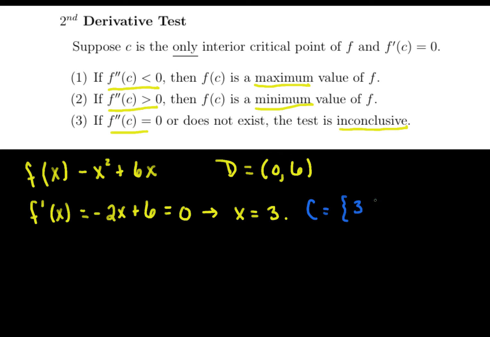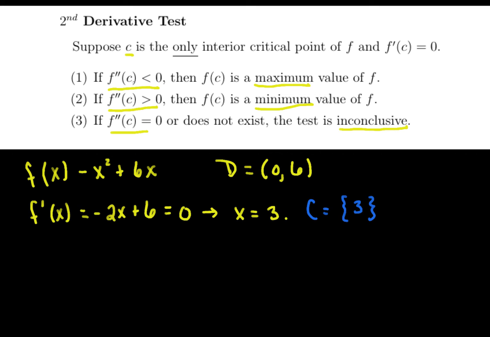Now, hopefully you can see here, I can't do any comparison. So the direct test is of no use to me in this scenario. But I have the second derivative test that says, okay, we found our critical value. So we found our c, and it's 3. Now we just need to look at the second derivative.